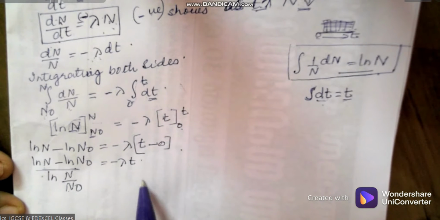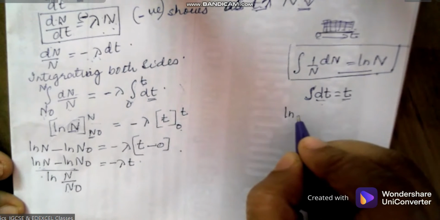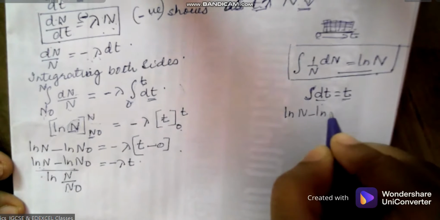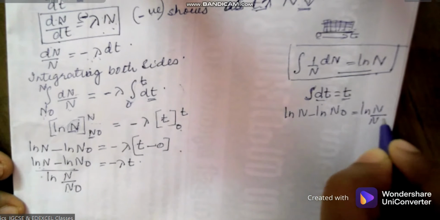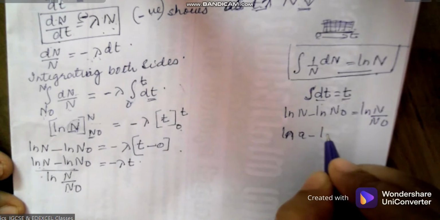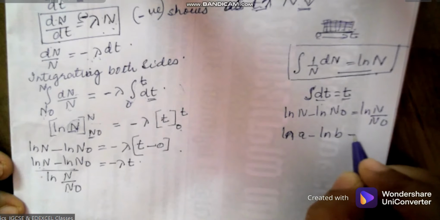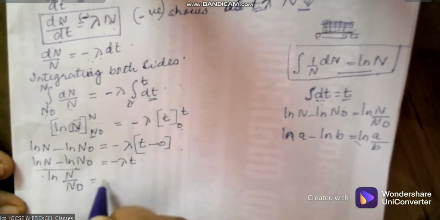All these are integral rules, and this is a logarithmic rule. ln n minus ln n naught is equal to ln n by n naught. That means log a minus log b is equal to log a by b. This is how you expand logarithms. So this is equal to negative of lambda t.